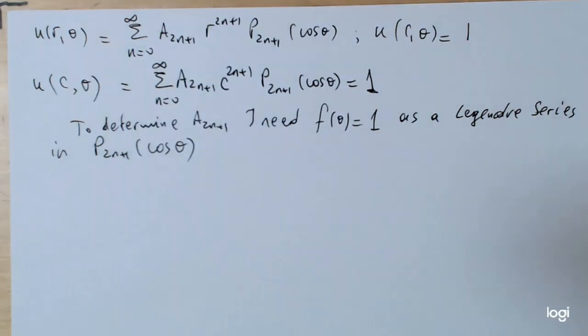So you need a Legendre series involving the odd polynomials. And then you identify the coefficients. So let's say you don't have a table of formulas and you have to find these series by hand. Then you go back to the formula for the Legendre series in terms of odd polynomials in terms of cosine of theta.